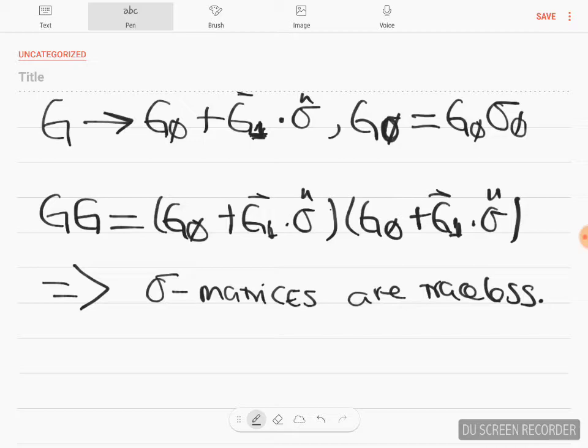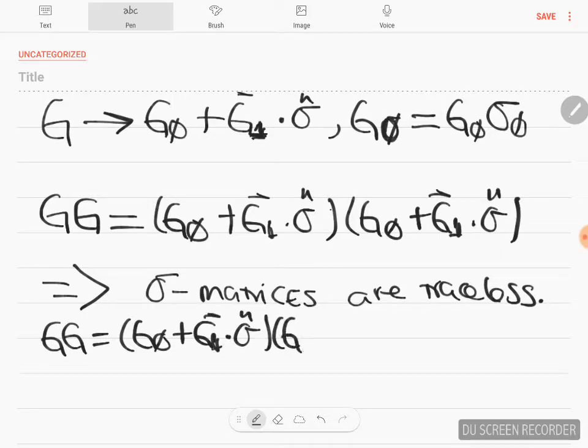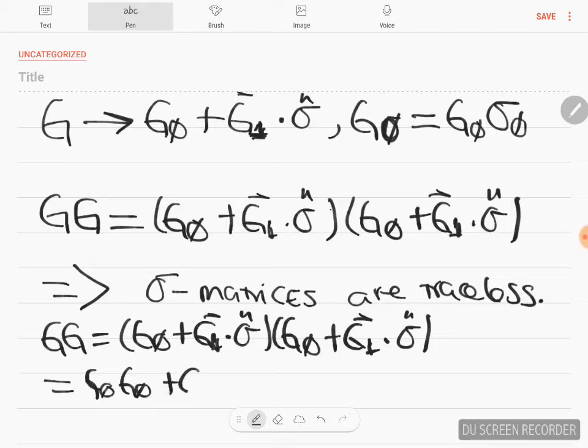So now, keeping this in mind, GG is equal to G0 plus G1 dot sigma, times G0 plus G1 dot sigma. This is equal to G0 G0 plus G0 G1 dot sigma.